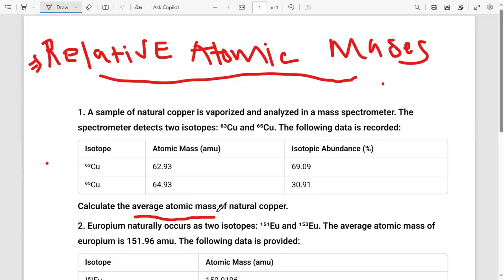So they will give you the isotopes for that element. Then they'll give you the atomic mass of each of those isotopes. And then they'll also give you the abundance, or what we call the percentage of that isotope in that element, okay? And then you'll be asked to calculate the average atomic mass or the relative atomic mass.